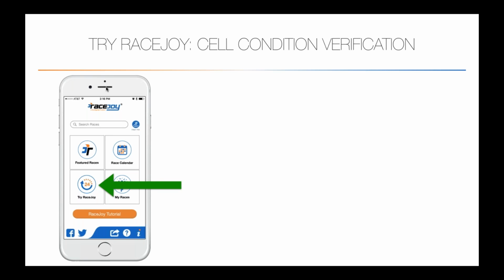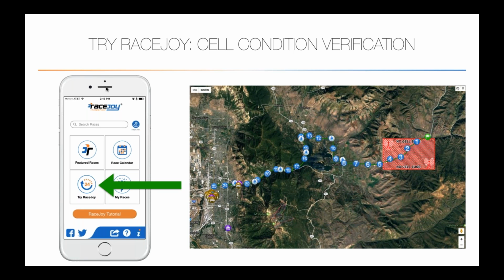And each cell provider is different, so it's just something to note that you may find one cell provider stronger than the other at different parts in the course. But if you do have a poor cell area, we can address that. And we can do that by applying a poor cell zone graphic overlay like this to manage expectations.